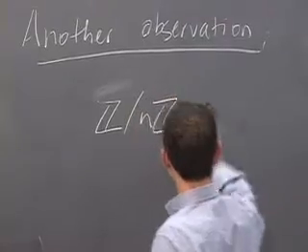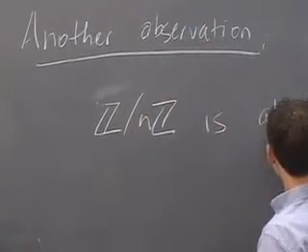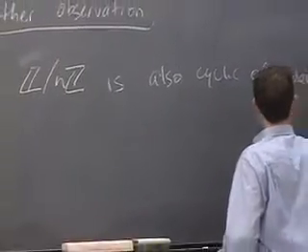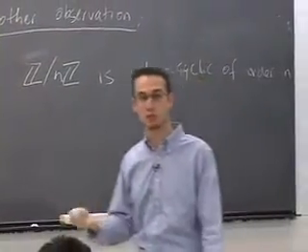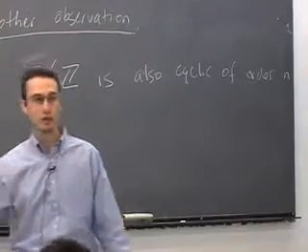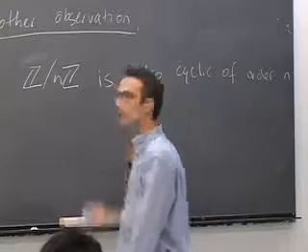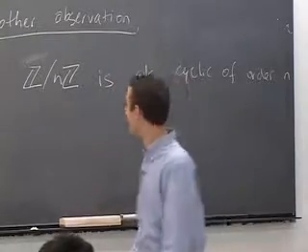Z mod nZ is also cyclic of order n. And it's a nice model for a cyclic group of order n. Remember, we saw that all cyclic groups of order n are isomorphic. So here is a very simple way of studying cyclic groups of order n.